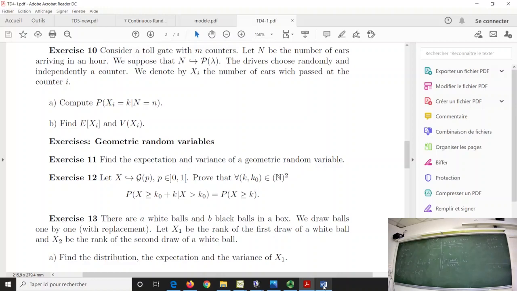Because these terms have a sum equal to 1. Here I have this kind of term, p, 1 minus p to the j minus 1, and it remains 1 minus p to the power i minus 1, the sum of the other terms being equal to 1. Okay?